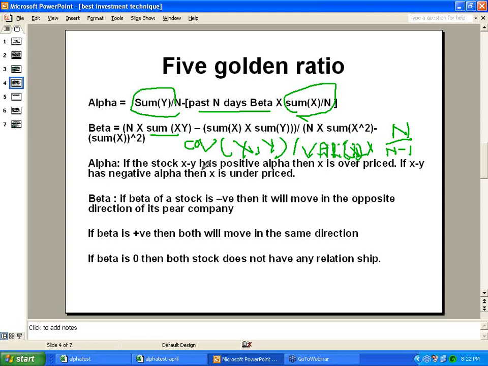And alpha says that if X and Y produce a positive alpha, then X is overpriced. If it produces a negative alpha, then X is underpriced.